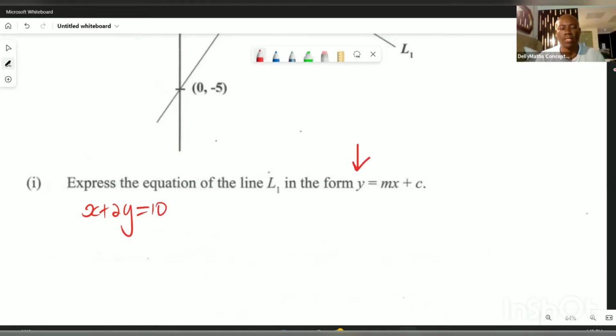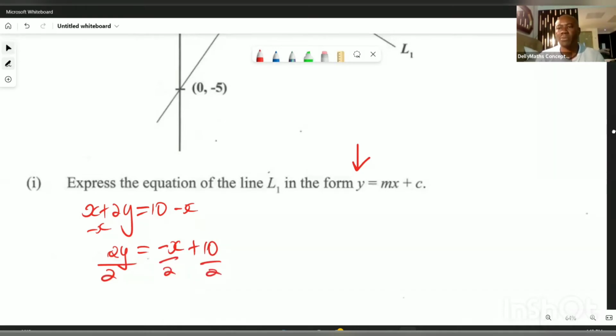So basically, we want to subtract the x from both sides. So 2y is now equal to, I'm going to put the x out front, -x + 10. But we're not done here. We're going to divide everything by 2.